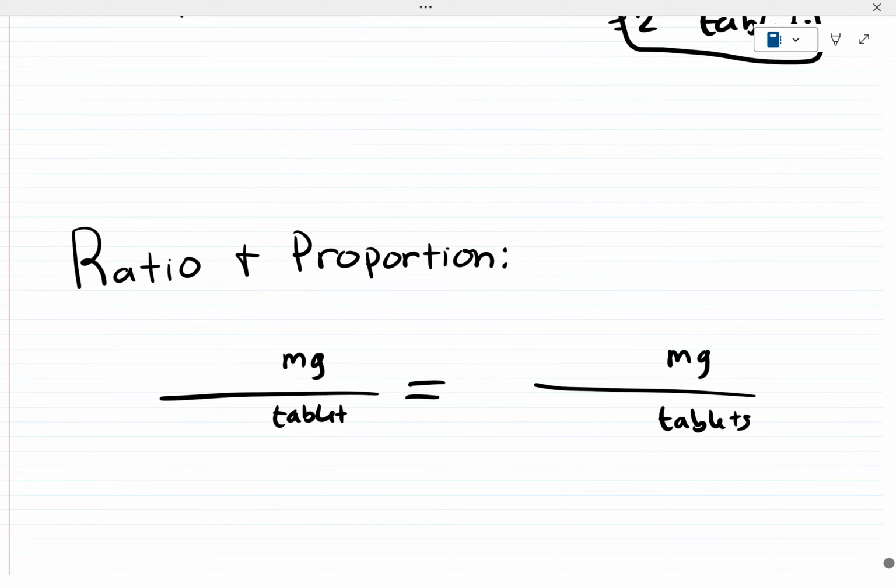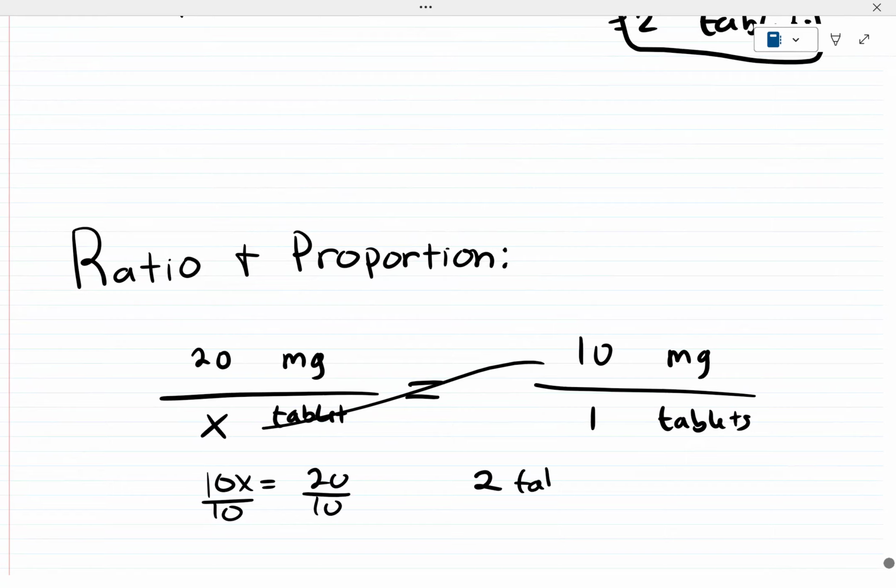So our desire was 20 milligrams. We don't know how many tablets. And then availability is for one tablet, there's 10 milligrams. Cross multiply, that's 10x equals 20. Get rid of this 10, and you get 2 tablets.